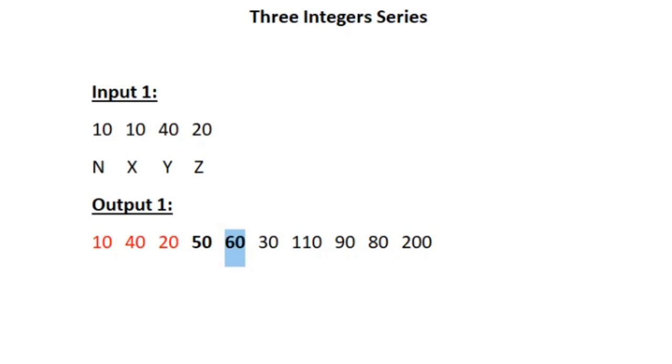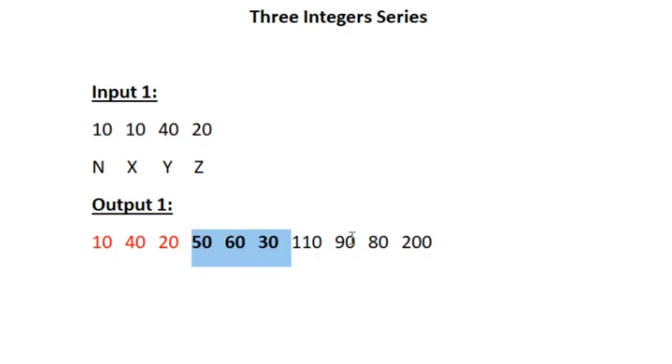And the third integer of the next 3 integers is the sum of the first and third integers of the previous 3. The first integer is 10 and the third is 20, so 10 plus 20 is equal to 30.